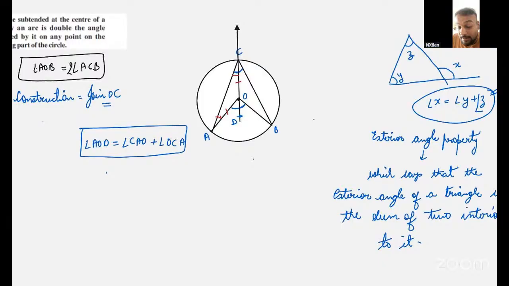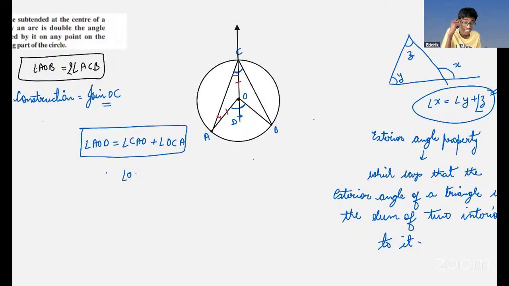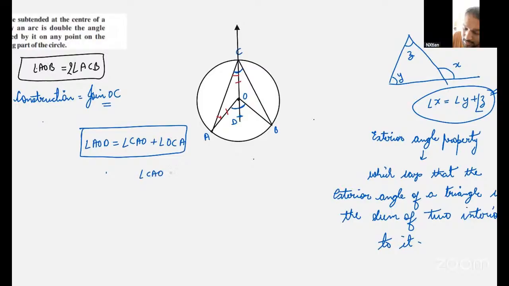Because they are radii. OC is a radius and OA is a radius. That means angle CAO and angle OCA are equal, because it is an isosceles triangle. So angle CAO is equal to angle OCA.